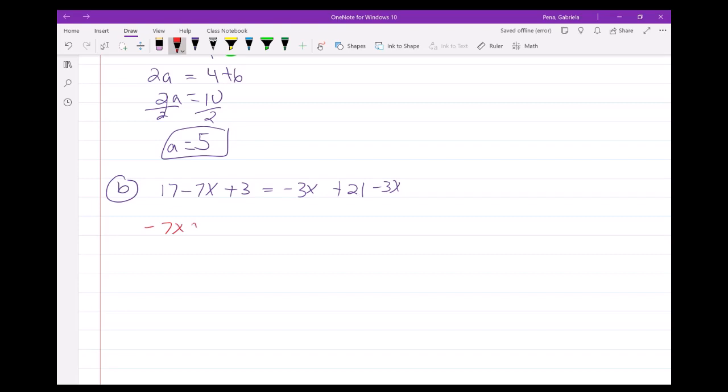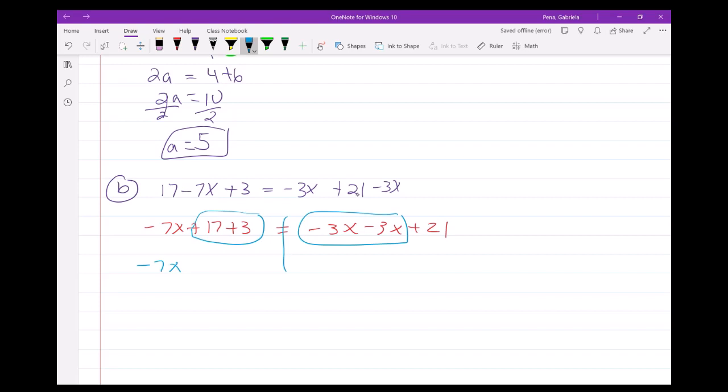Negative 7x plus 17 plus 3, negative 3x, negative 3x plus 21. So I kept everything on the same side, but I'm going to group these two, and I'm going to group these two.